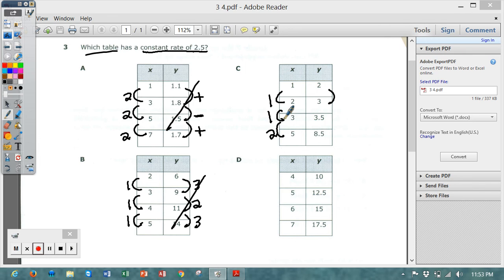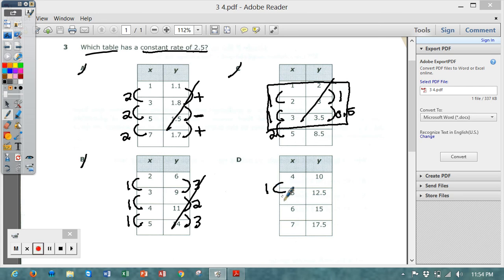Here, so we could just look at this part right here. Since it's 1, 1, let's see if this is the same. This is a change of 1, and this is a change of 0.5. So even though this is the same, this is not the same. So that's not a constant rate of change. So I've eliminated these 3 answer choices. It's probably D. Let's take a look.